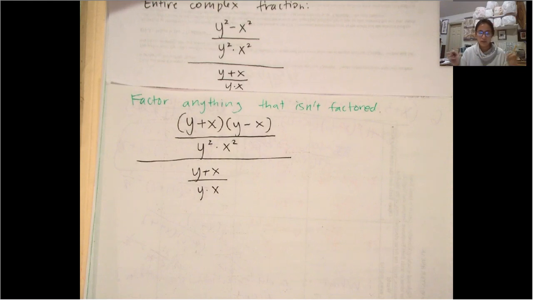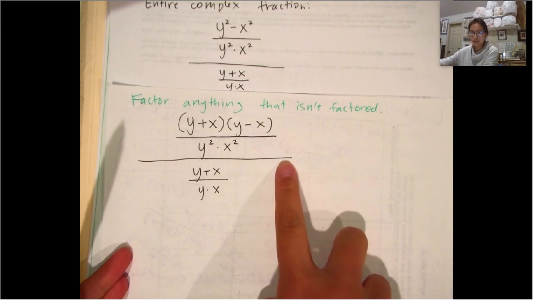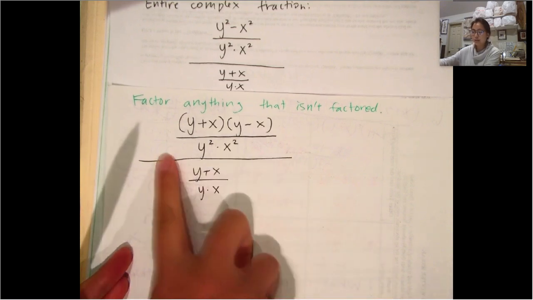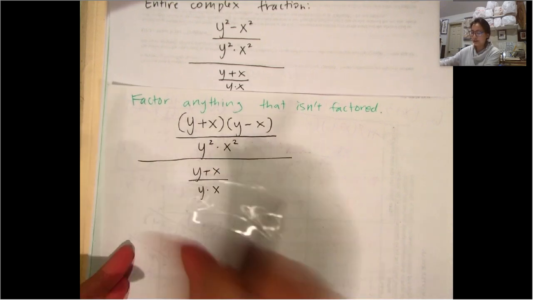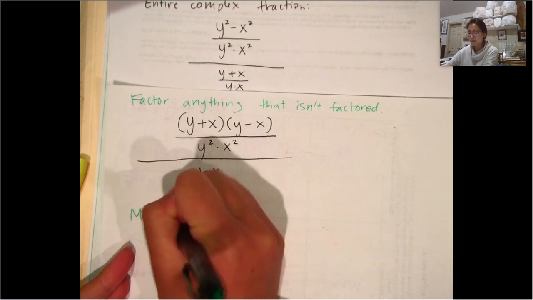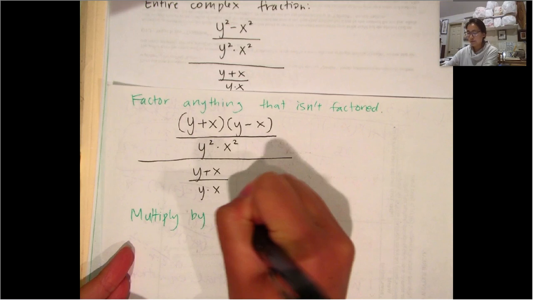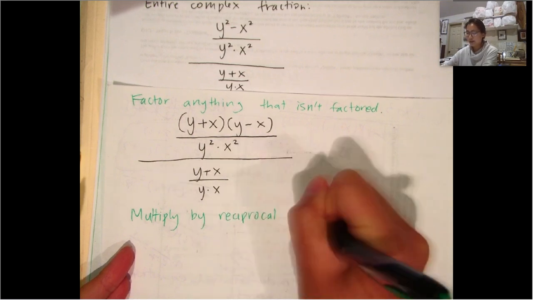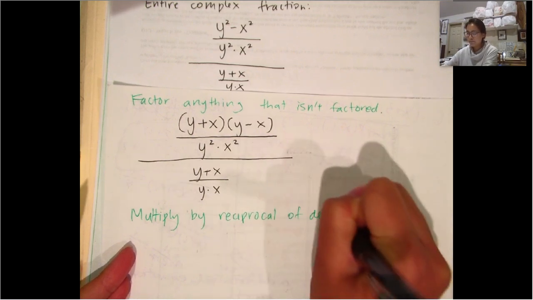Okay, so we're going to go ahead and just rewrite this as division. Actually, we're going to skip that step because it's pretty much the same thing as multiplying by the reciprocal. So you know that this is division. So then we're going to multiply by the reciprocal of this. Okay, so multiply by reciprocal of denominator.